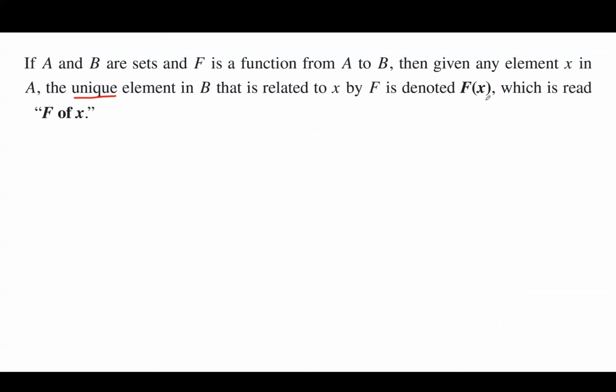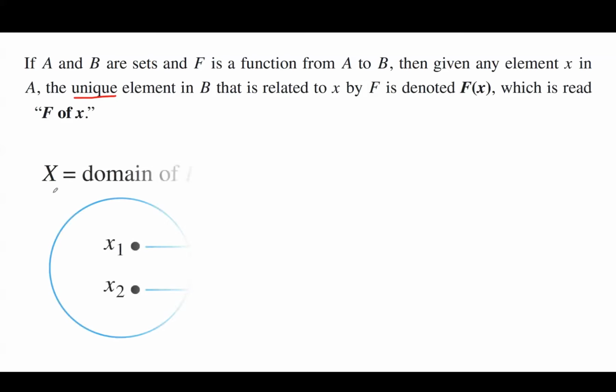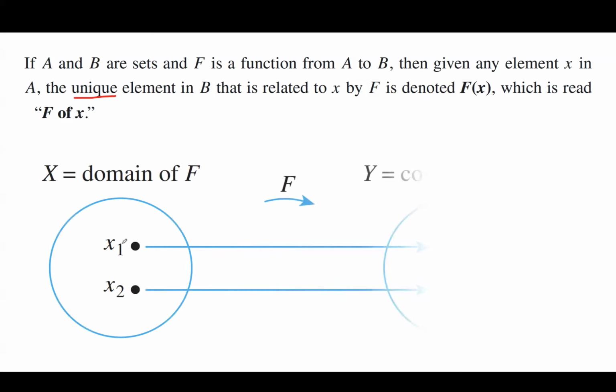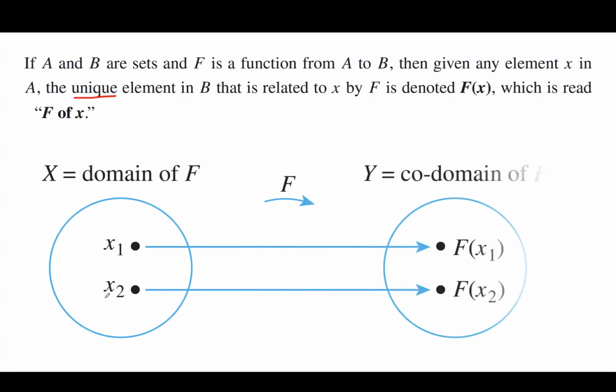Basically, this is the output value of the function that belongs to the range. So for example, if the domain of function f includes x sub 1 and x sub 2, and the function f maps these two values to f of x1 and f of x2 in the codomain, then if you take these two output values, this is basically the range.